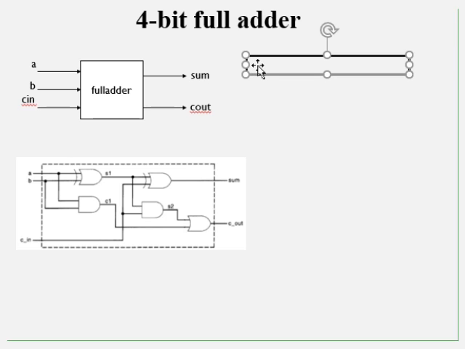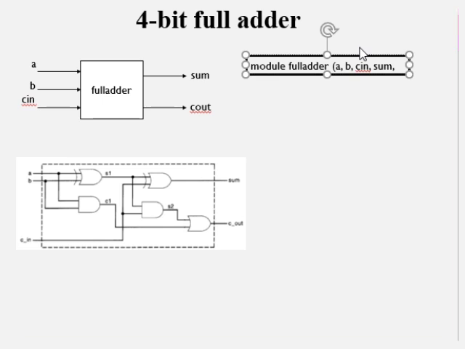With this I should be able to write the module definition of the full adder. The module name is full adder, and the inputs are A, B, C in, sum.